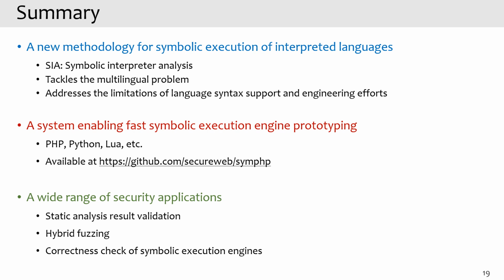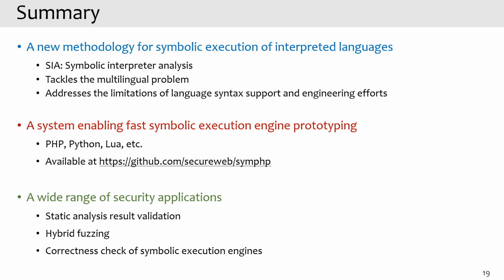In summary, we propose a new methodology for symbolic execution of interpreted languages, a solution known as SIR, Symbolic Interpreter Analysis. SIR tackles the multilingual issue, addresses the limitations of language syntax support and engineering effort, and is a system enabling fast symbolic execution engine prototyping.